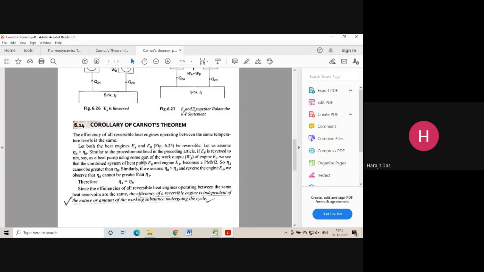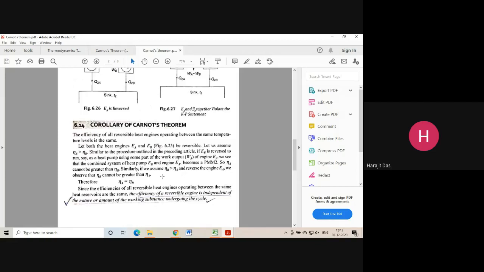Okay, because it generally happens that for a refrigerator, which is also a heat pump, a reversed heat cycle, the efficiencies or COPs, the coefficients of performance, depend on the fluid, on the refrigerant on which the efficiency depends.